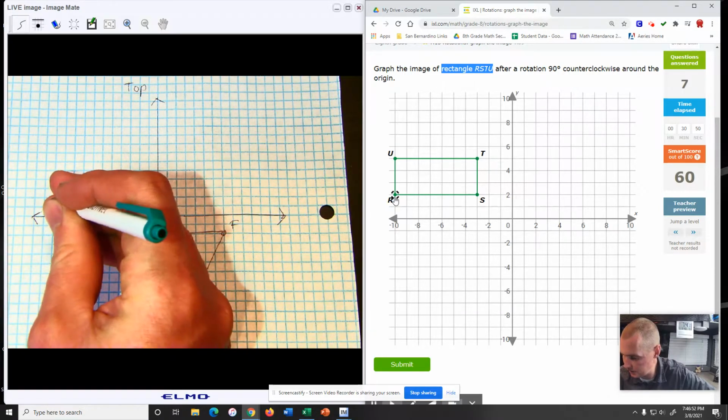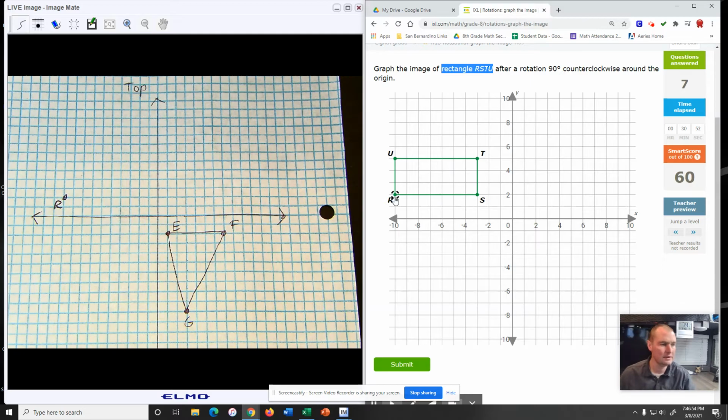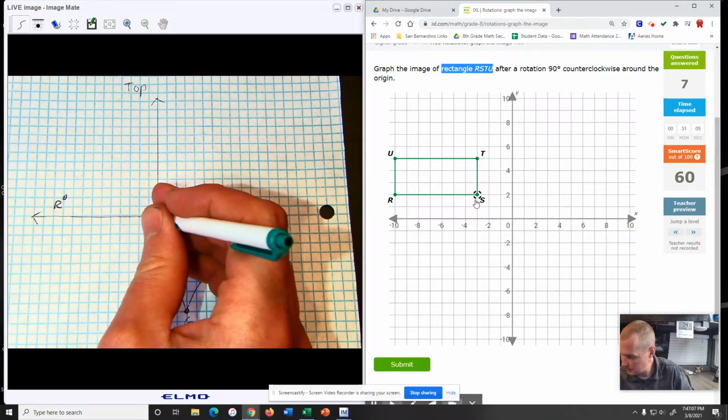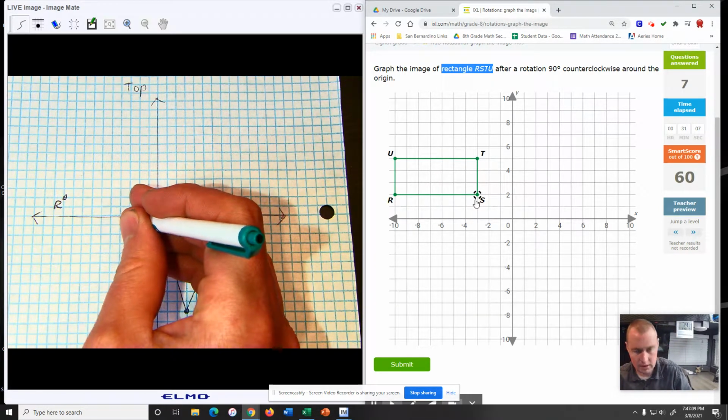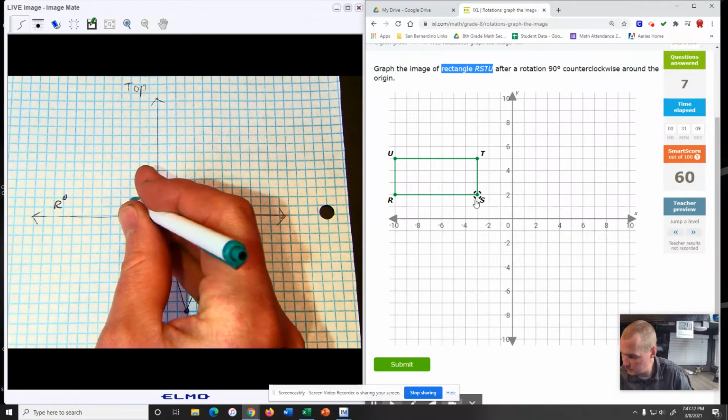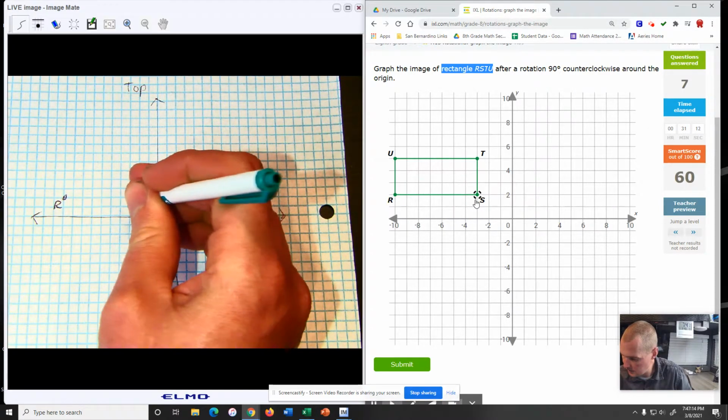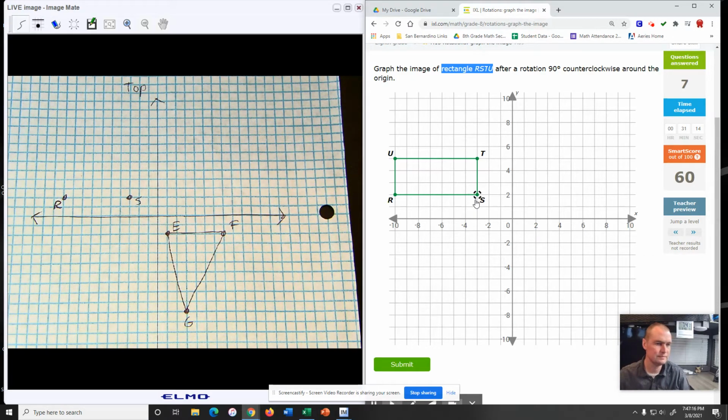But bam, lands R right here. All right. S is at -3, -1, -2, -3, up 2, 1, 2. Here we go. -1, -2, -3, up 2, 1, 2. And that's S right there.